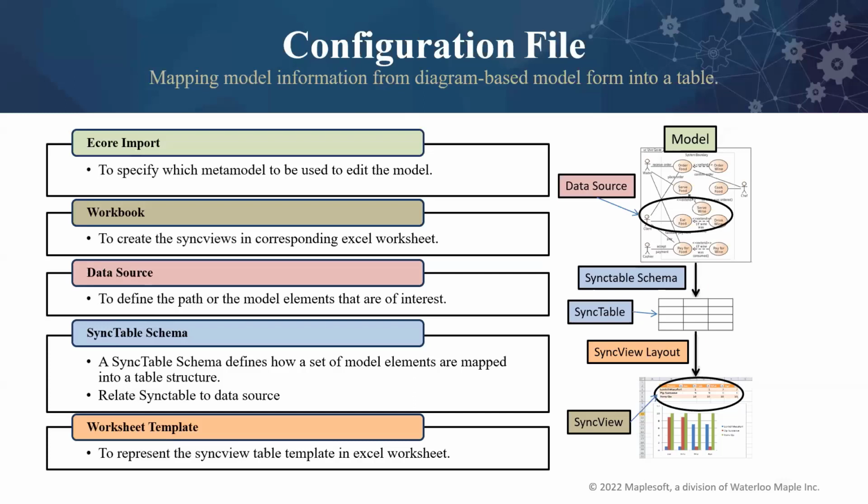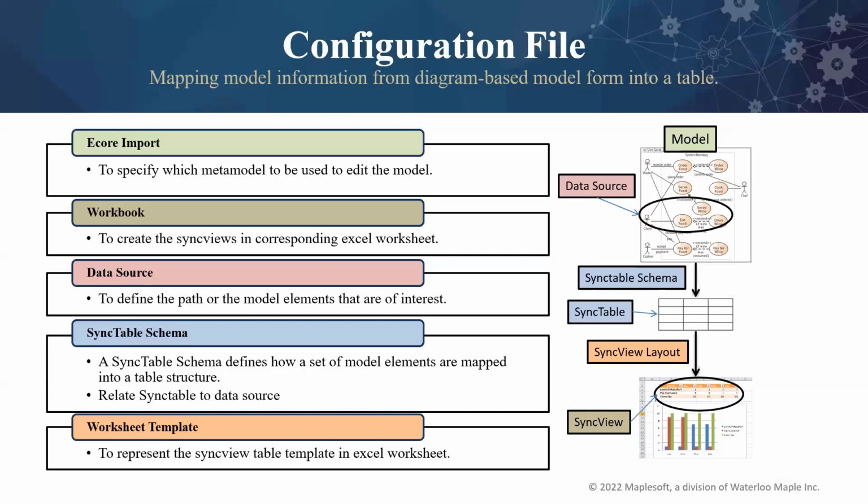The data source and the sync table schema is where you will be using the QPEs, or query path expressions, to navigate through the Capella model and also to get the information that we want to expose to the user. We already saw on the previous slide how a data source works.